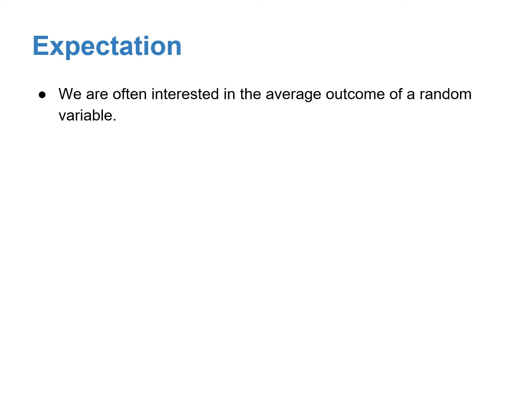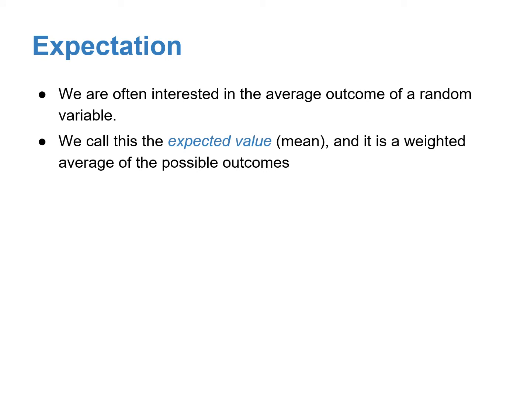When we talk about expectation or the expected value, we're often interested in the average outcome of a random variable. For instance, if I flip 2 coins, what's the average number of heads that I'd expect to land facing up? And we call this average the expected value or the mean. It's calculated by finding a weighted average of the possible values, where the weights are determined by the probability of each of those values.